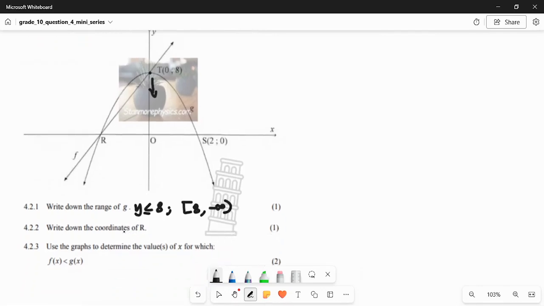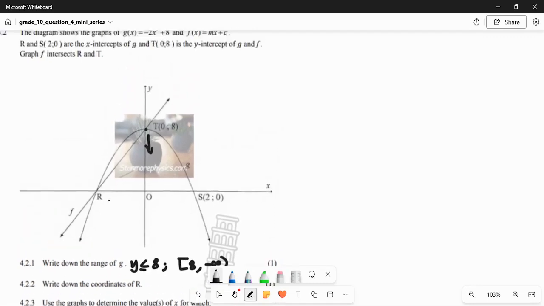The second question: write down the coordinates of R, being the x-intercept of the parabola. In this case, we'll use the midpoint property. Take a close look at our parabola. Our turning point is exactly on the y-axis. So when we move from the origin, where x is equal to 0, up until the x-intercept on the right, we've got 2 units.